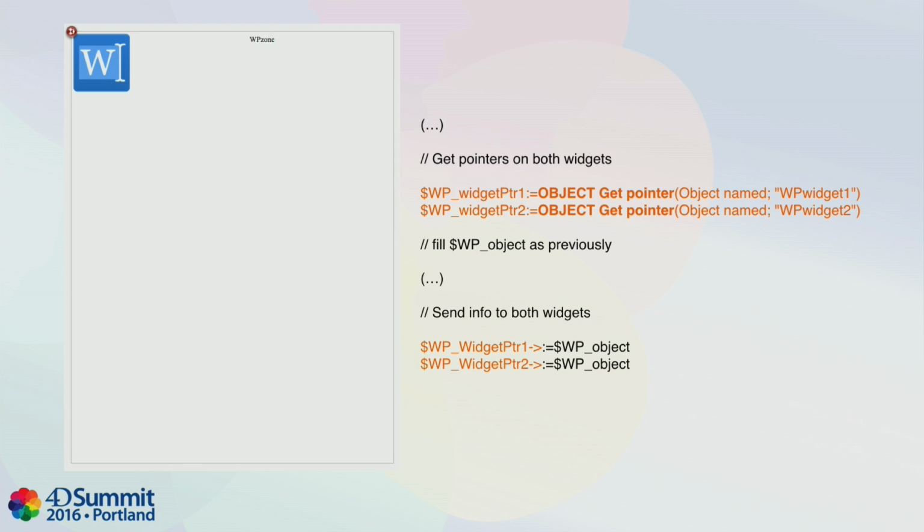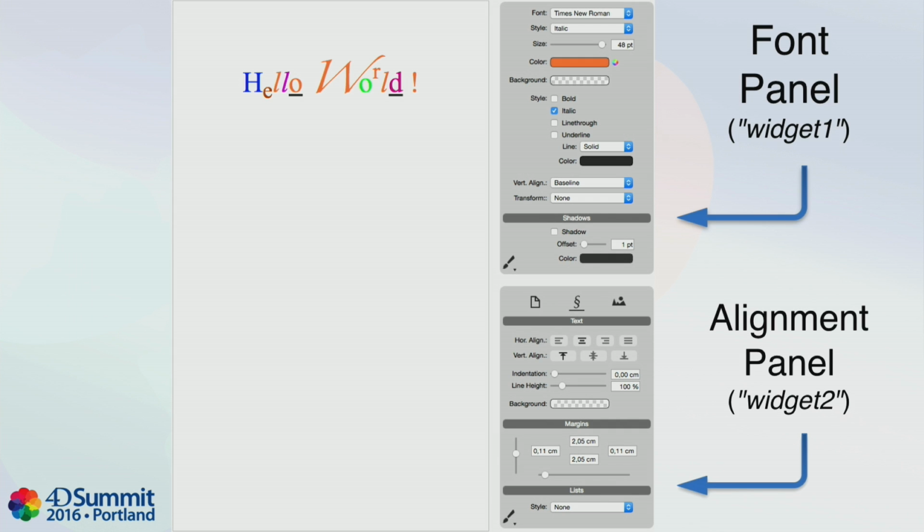So the communication must be set from the main area to each object so they can both react when the user changes his selection inside. So here is the result. You have 2 panels at once, but they are the panels you have chosen without the panel selector on the top. Okay?